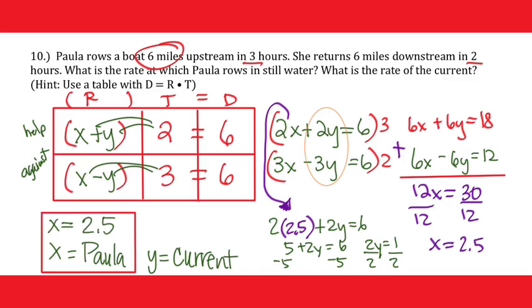So I know Paula rows 2.5 miles per hour, and the current is 1/2, which makes sense because if her rate is 2.5 miles per hour and she gets the help of 1/2 a mile per hour, you can see that in 2 hours, she would only go 5 miles. But if she gets an extra 1/2 a mile per hour, then that would give her an extra mile, and that's why it's 6 miles in 2 hours.